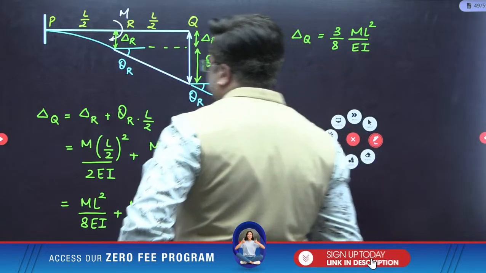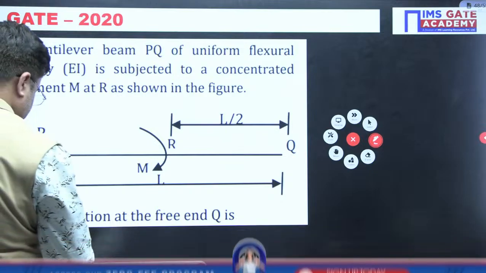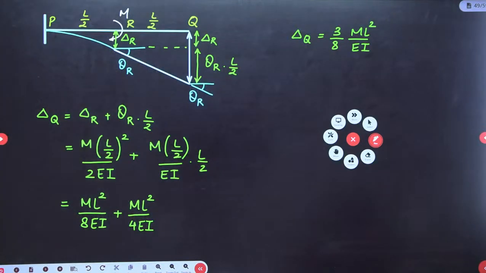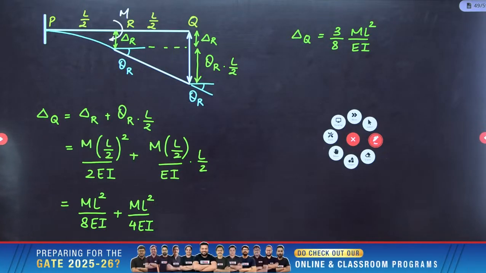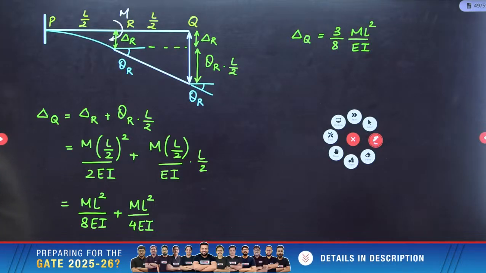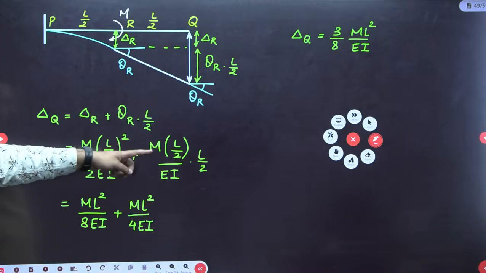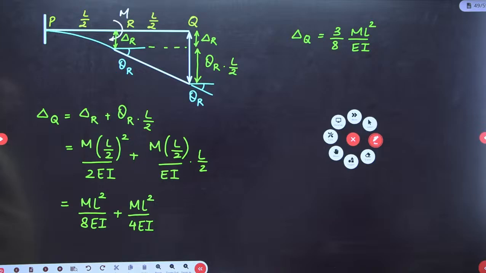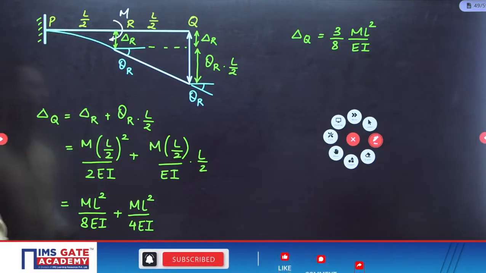Just check this. Yeah. Just check this. Are you getting the same answer here? So ML square upon 2 EI plus ML upon EI into L by 2, right? So you can solve it like this. This is your deflection at point Q.